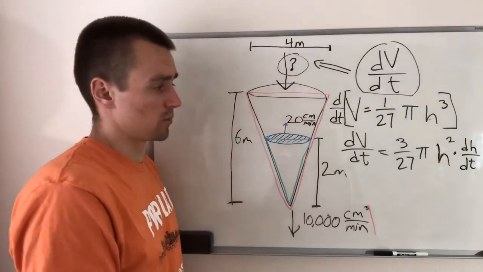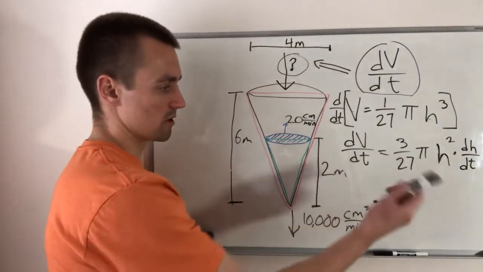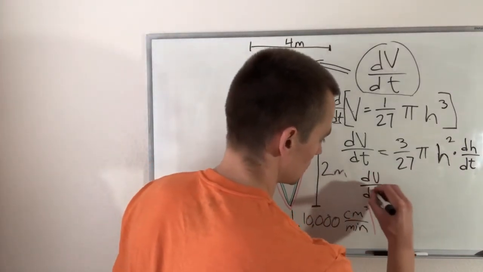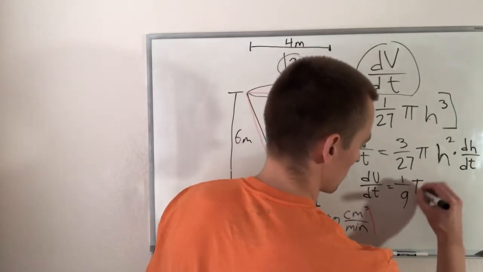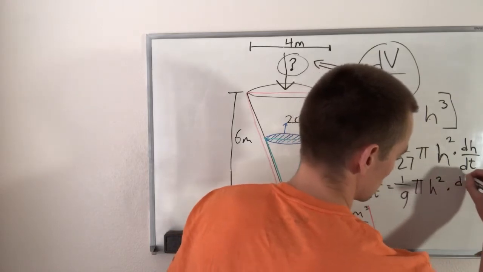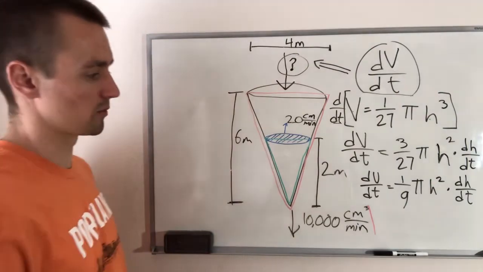Okay, so now we can simplify this a little bit. There's not really a whole lot we can do, but 3/27 will simplify. So dV/dt equals 1/9 pi h squared times dh/dt. So that's about as simplified as it's going to get.